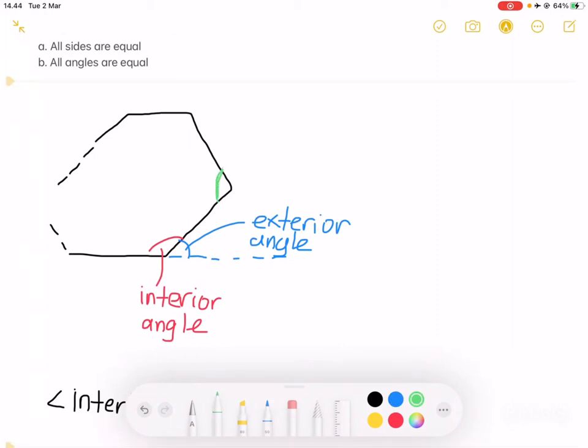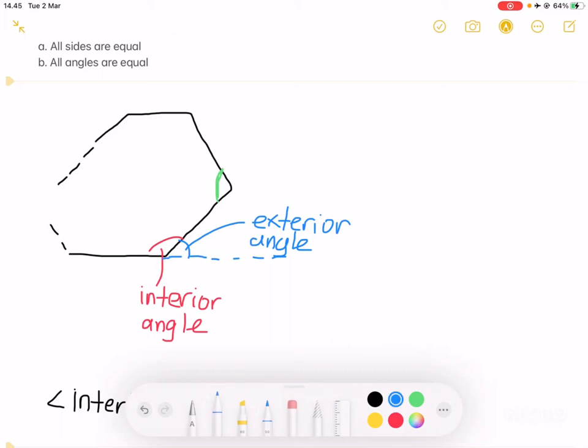A way to remember it is that interior starts with "in", and in just means inside, so it means the angle inside the polygon. And then we have exterior, and likewise "ex" means something outside, so it is the angle outside right here.